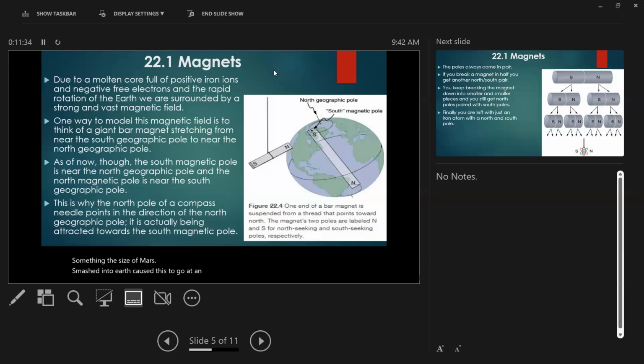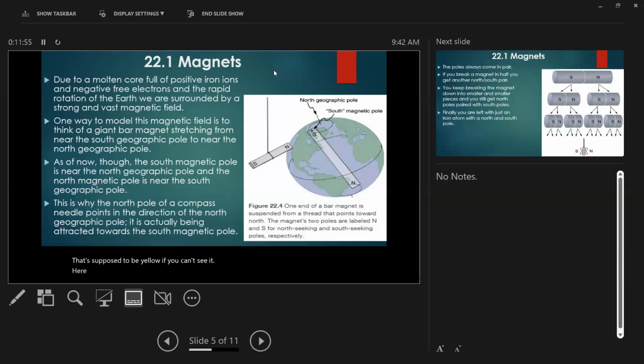So in other words, sun, I should probably use a different color. This red's running out. Sun, that's supposed to be yellow if you can't see it. Earth, right about here.